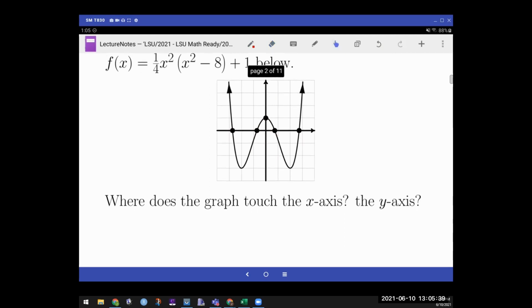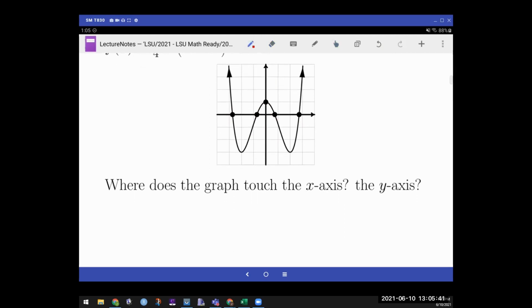If I wanted to answer the question, where does this thing touch the x-axis? Let's do the x-intercepts in red here. And I see 4 of them. So this one, which is, let's see, 1, 2, 3, so let's say negative 2.8, comma 0.